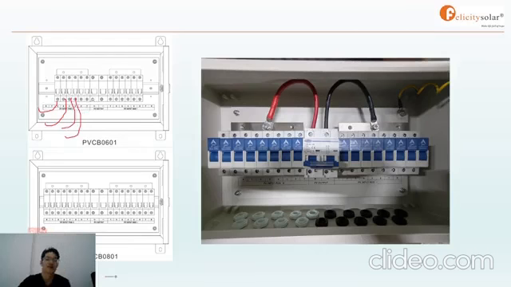That's the positive, and this is the negative. That's the 6 to 1 PV combiner box.